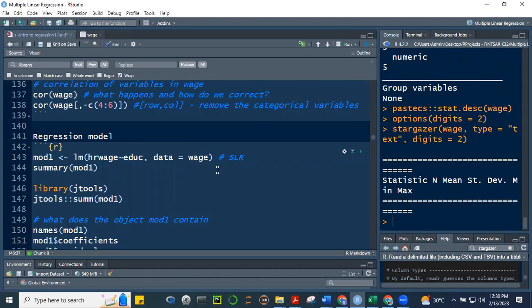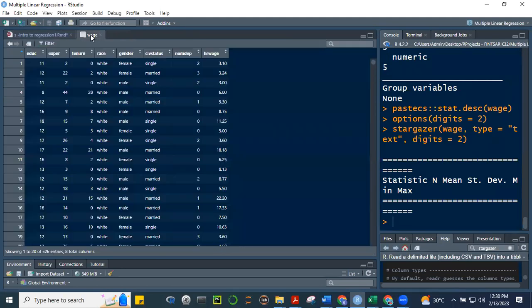This is how we run a regression model in R. First, we're going to create this object. I'll just call it mod1. And then take a look at this lm. lm stands for linear model. And what model are we doing? If we take a look at wage, the dependent variable is hourly wage, and we would like to see how hourly wage is related to education.